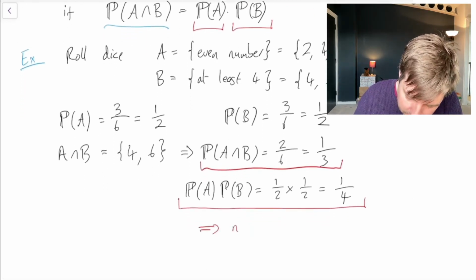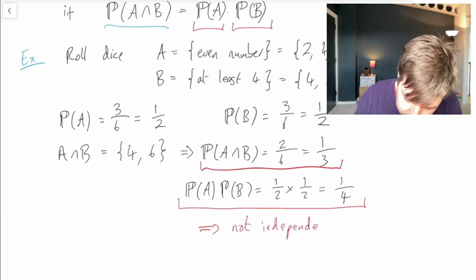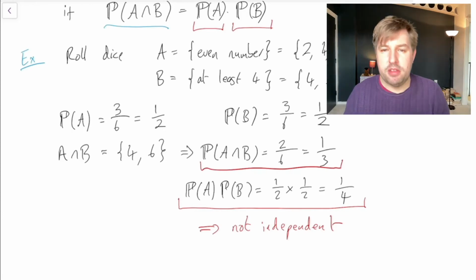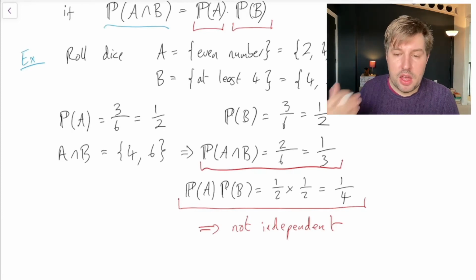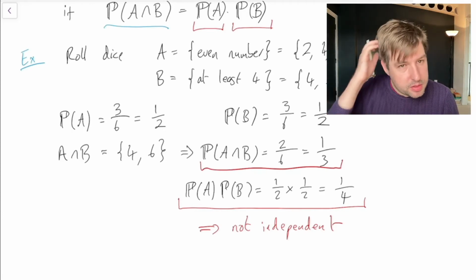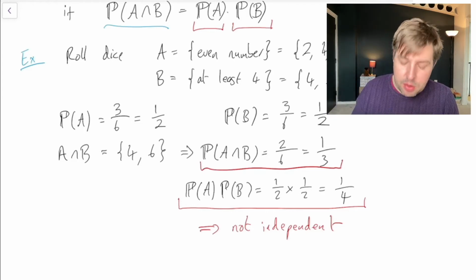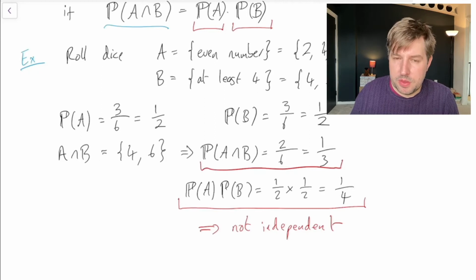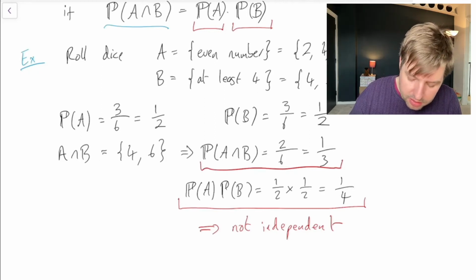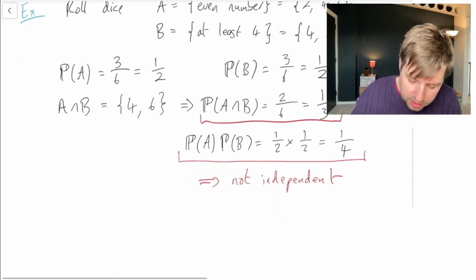And so those are different. So those two events are not independent. Because if they were independent, the probability of the intersection would be the product of the probabilities, and that hasn't happened. So that's where we had all 3 probabilities, and we used them to find out whether or not the events are independent. And here we found out that they weren't independent.